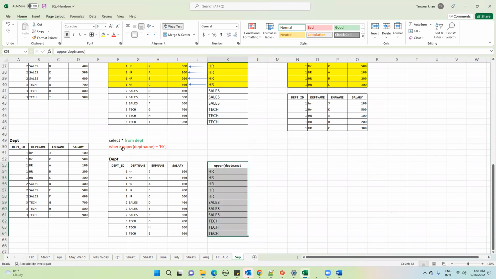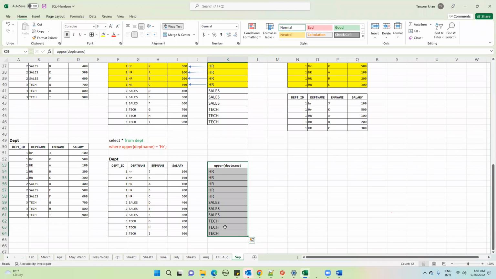When the SQL engine saw that the user has mentioned upper department name, quickly it will create a new column and it will perform the task of upper. What is the task of upper? To convert everything in uppercase. So everything is converted in uppercase now. So far, any question?